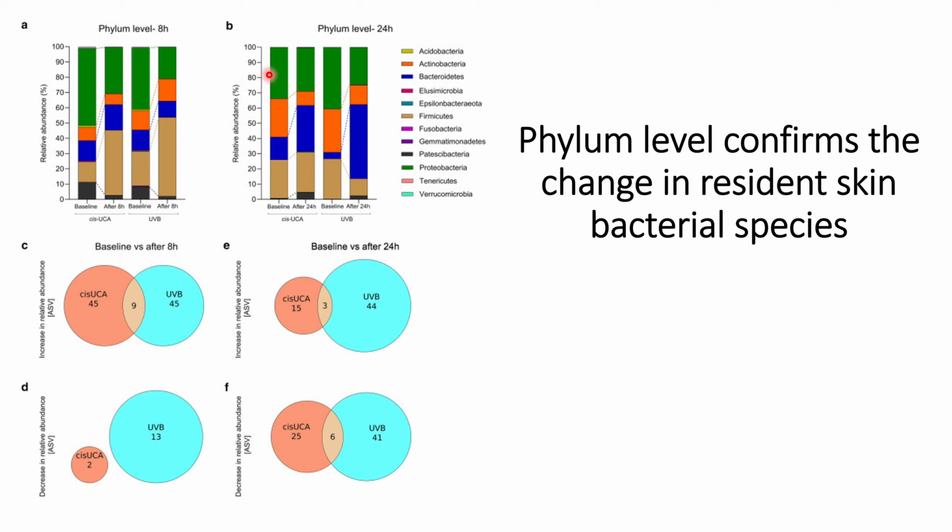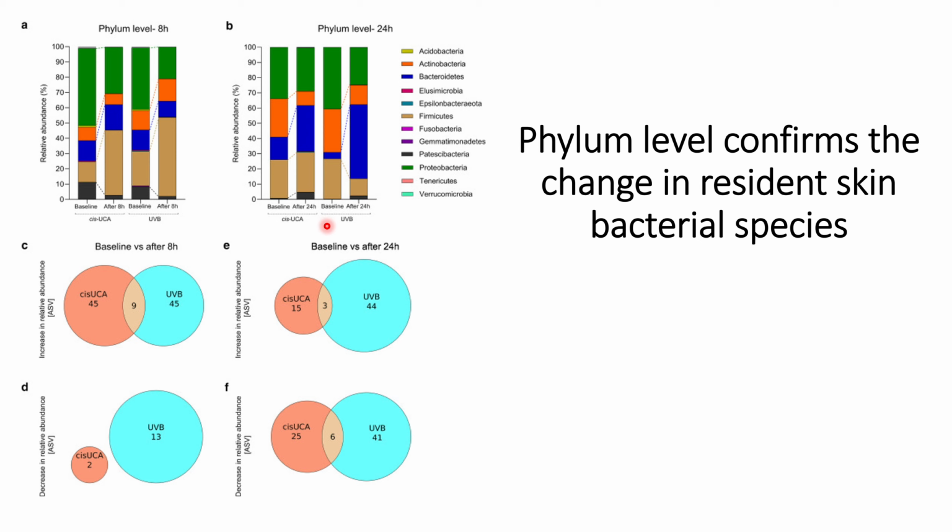And when they check the phylum label results at 24 hours and compare it with the baseline, they are able to see the restoration, or the decrease, in the firmicutes compared to the 8-hour results, and also some increase in the bacteroidetes for the mice that underwent the cis-UCA treatment.